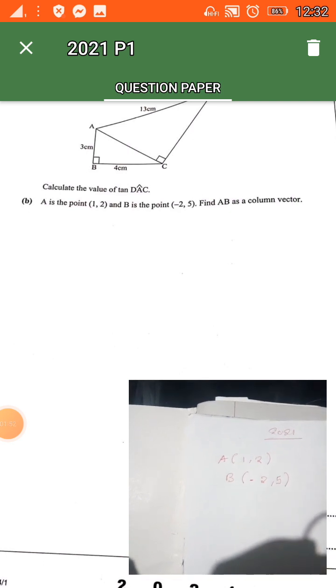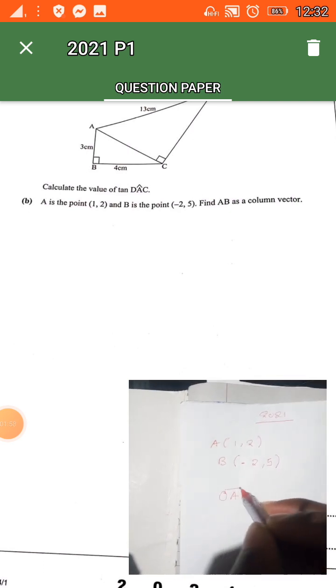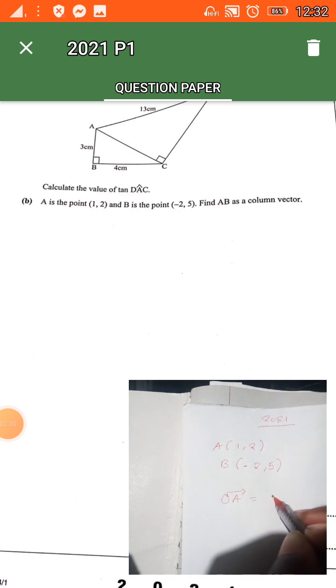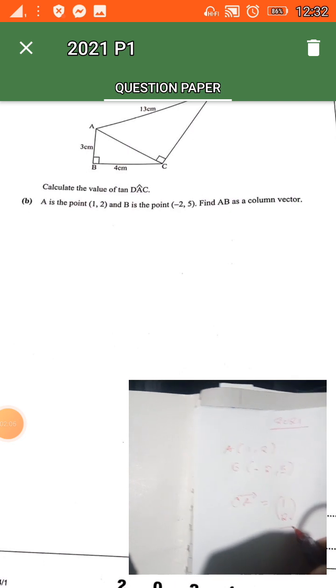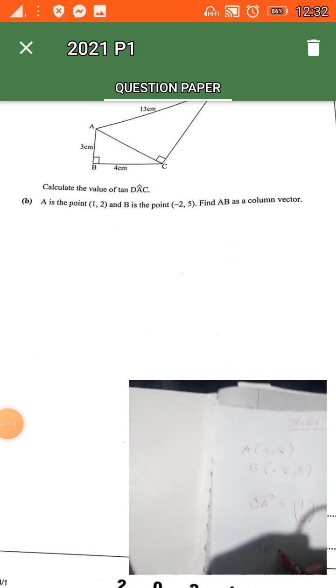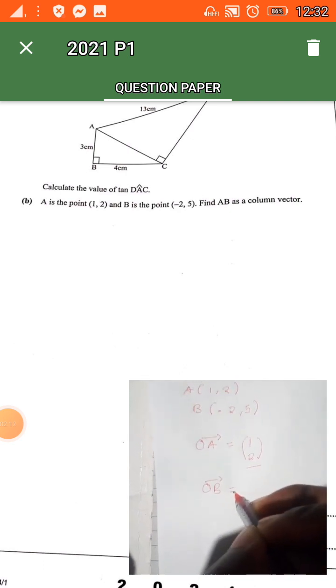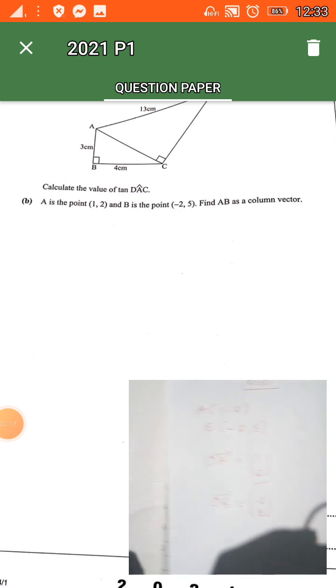So the position vector for A is OA, showing direction, equal to 1, 2, in column form. Then for B it is OB, which is equal to negative 2, 5. So these are the position vectors.